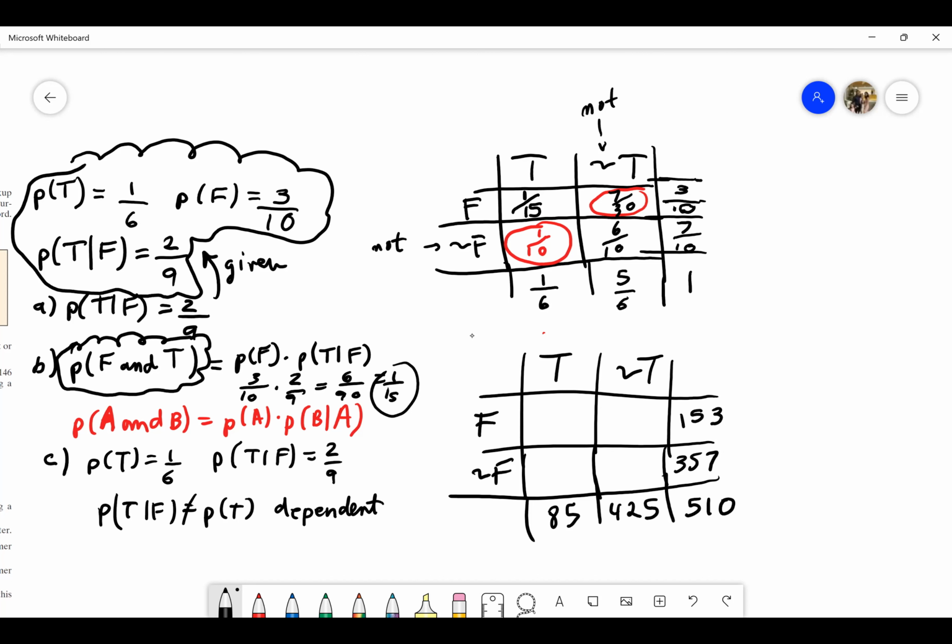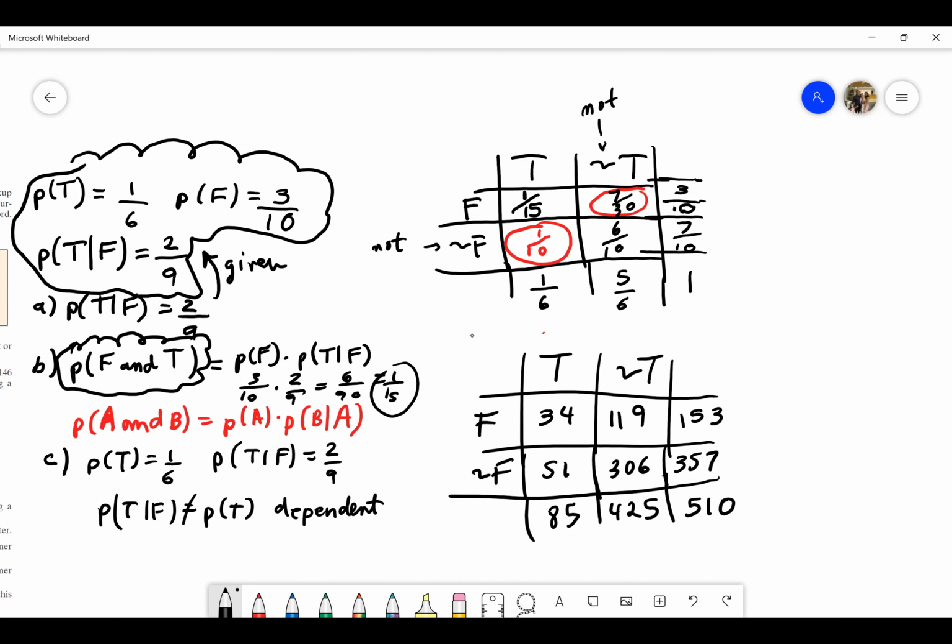So now I take 510 and divide it by 15, because it's a shortcut for that. There's 34 people that answered that. Then you take 153 and subtract 34, and you get this one. You take 85 and subtract 34, and you get this one, and you take 425 and subtract 119, and you get this one.